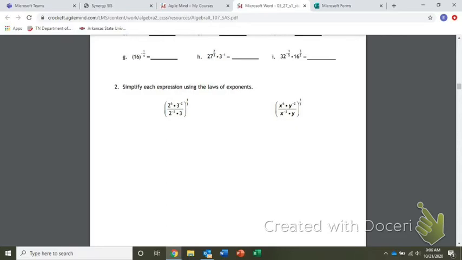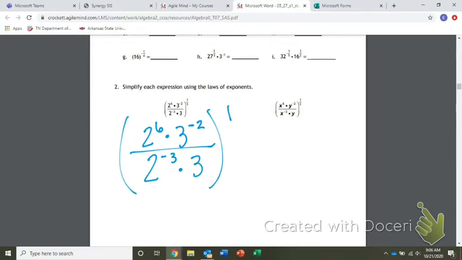Oh, I know. Okay. We have 2 to the 6th, and we have 3 -2 over 2 -3 and a 3. And all of that is to the 1/3 power. Now, do we like negatives? No, we do not like negatives. So let's change it where everything is positive.